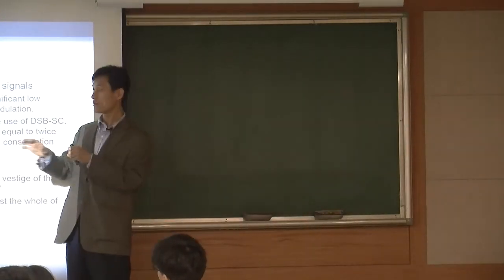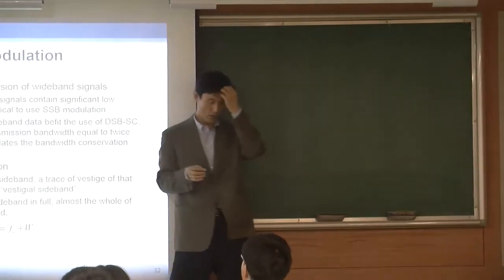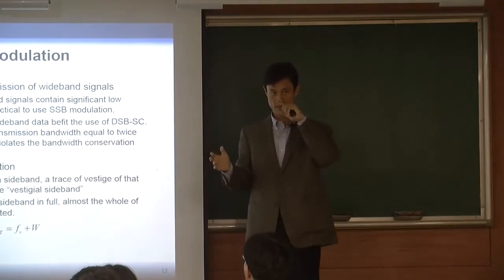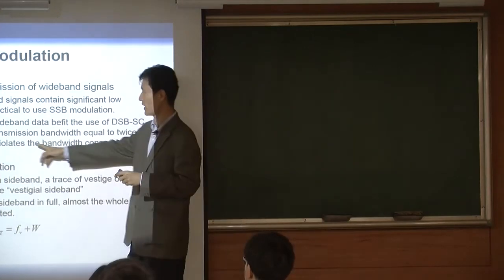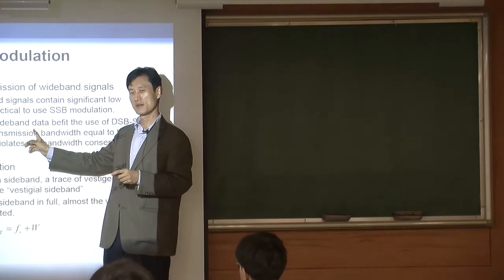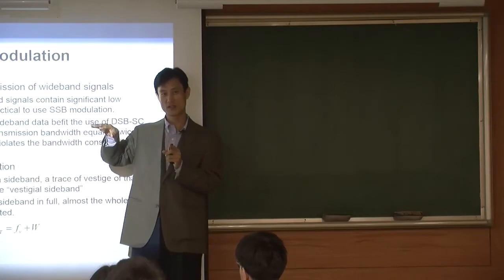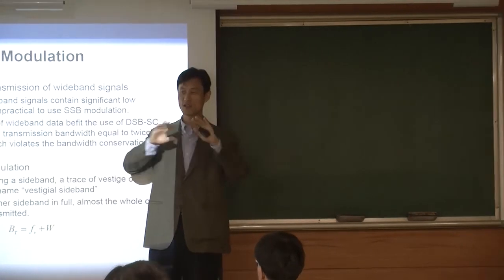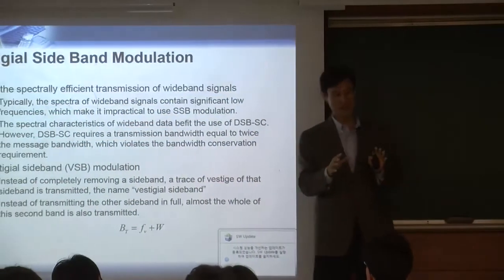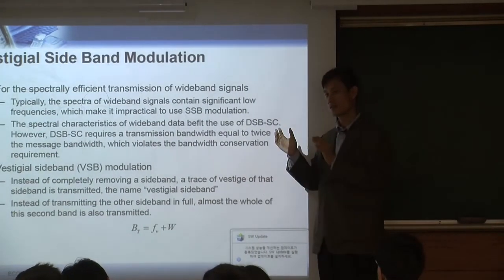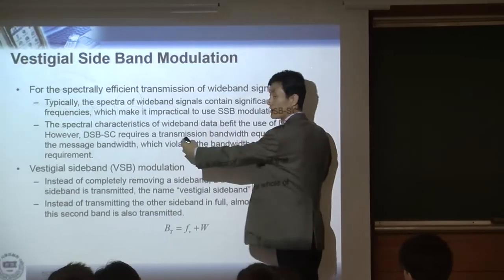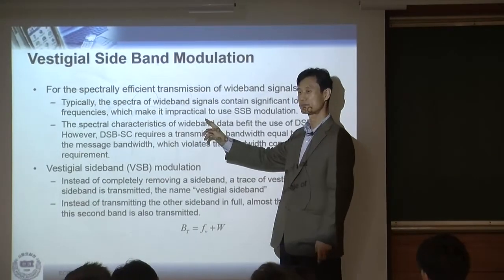And the main intention of this VSB is that when you look at the TV signal, right? TV signal is a wideband signal. Why is that? Because you need to transmit some image, right? Typically an image or TV screen has a lot of information. So you need to have a high data rate. So your bandwidth is large. So it's a wideband signal.